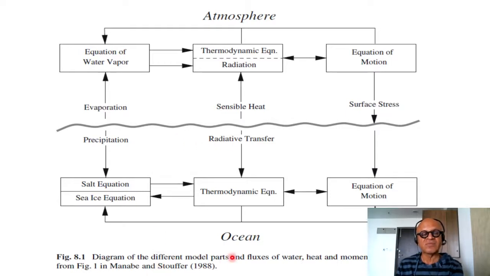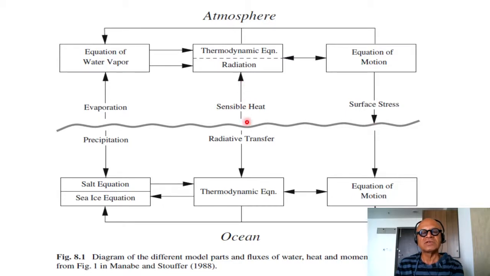Okay, so here is the atmosphere, and here is the interface of the ocean and the atmosphere. So this is the diagram of different model parts and fluxes of water, heat, and momentum. So you have evaporation happening, so the equation of water vapor affects the atmosphere, which affects the thermodynamic equation and radiation balance, which affects the equation of motion, which affects the surface stress that is driving the ocean.